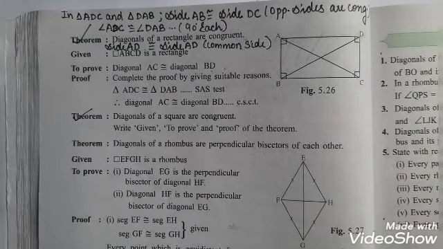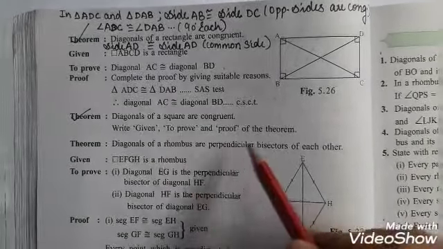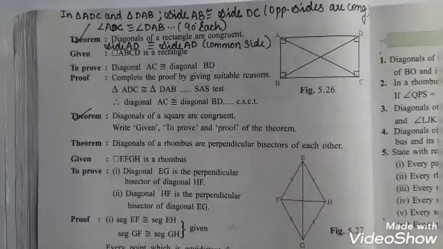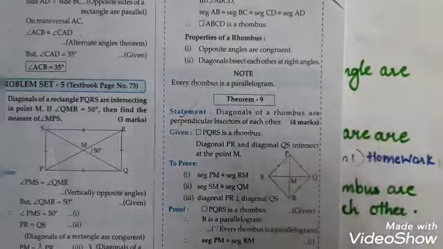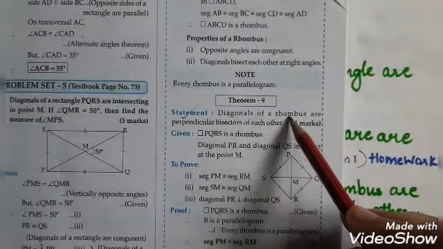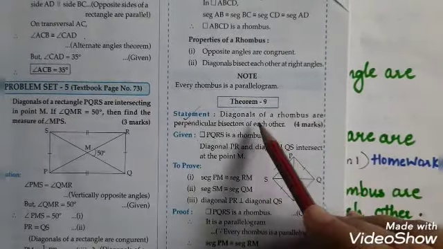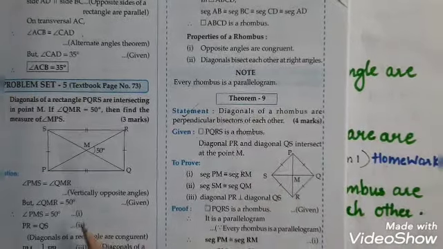Next, the third theorem: diagonals of a rhombus are perpendicular bisectors of each other.